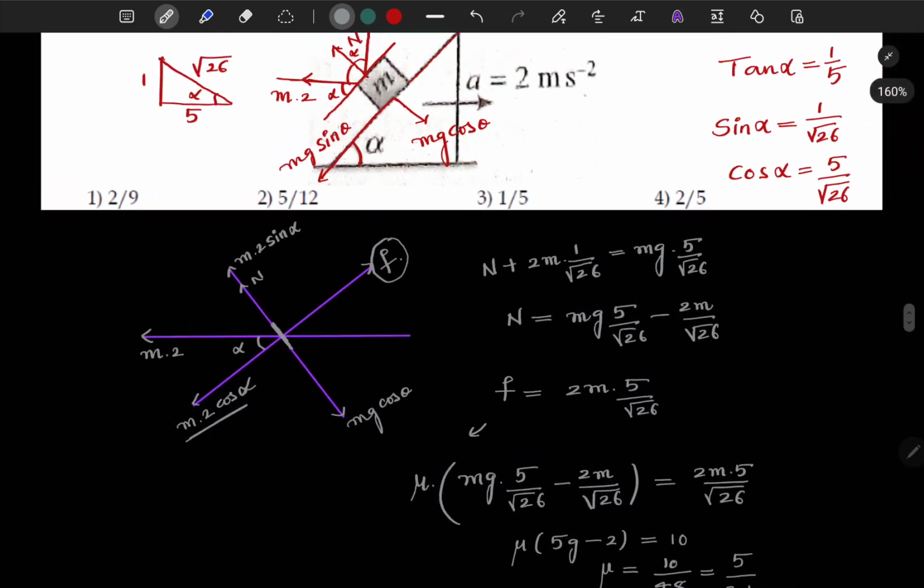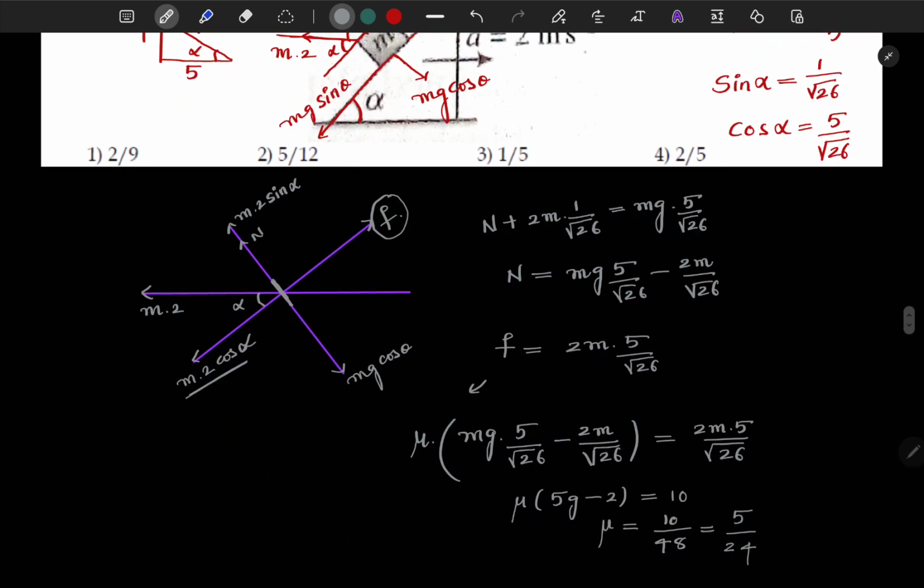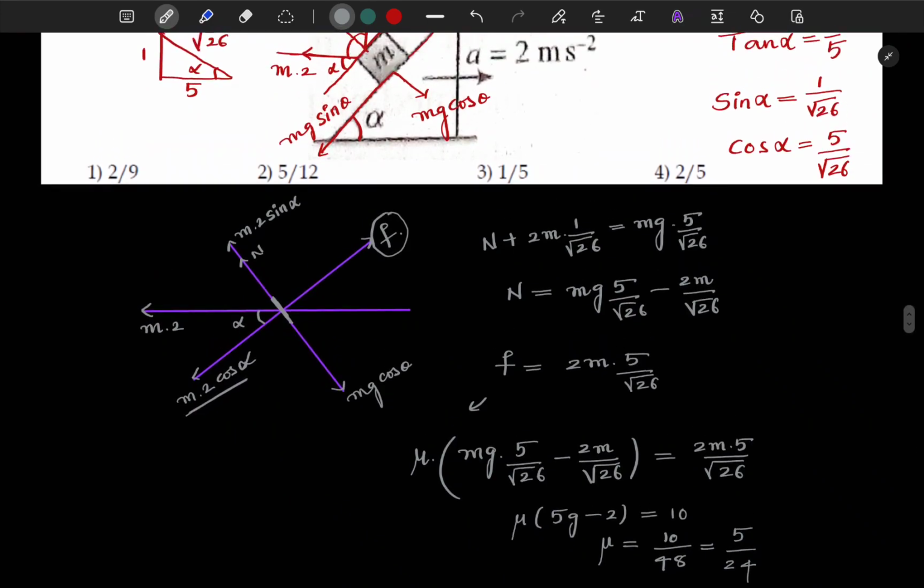But there is no 5 by 24 here. Oh yeah, actually I forgot this one, mg sin theta here, so that's why I got this. I didn't write mg sin theta. So mg into sin theta, where sin alpha is 1 by root 26. I actually forgot this one.